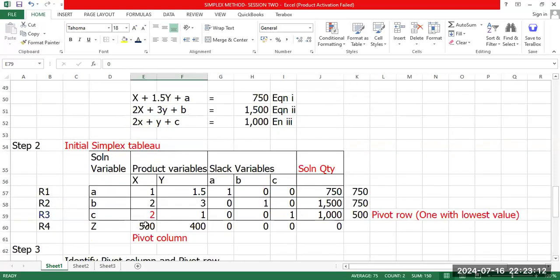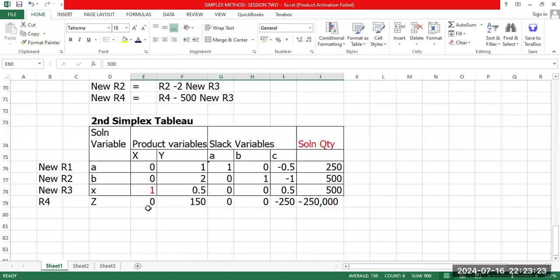Because we started with positive values on the initial simplex tableau, you must end with 0 or negative values on your final tableau. When someone is marking you and says you still have a positive value, he or she will say that this is not a final tableau. You still have a process to do. So we are going to repeat the procedure.